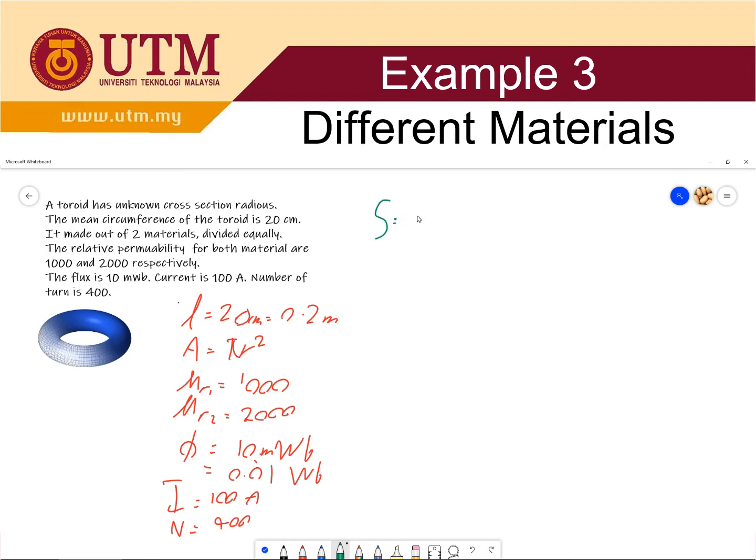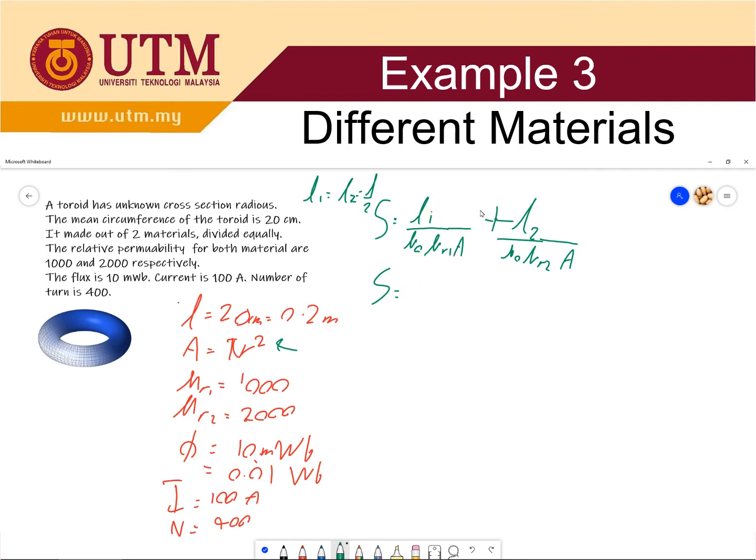So S equals L1 over mu naught mu r1 A1 plus L2 over mu naught mu r2 A2. Because it is divided equally, L1 equals L2 equals L divided by 2, the total length divided by 2. The area is unknown, but because there is no mention of different areas, all the areas are the same.